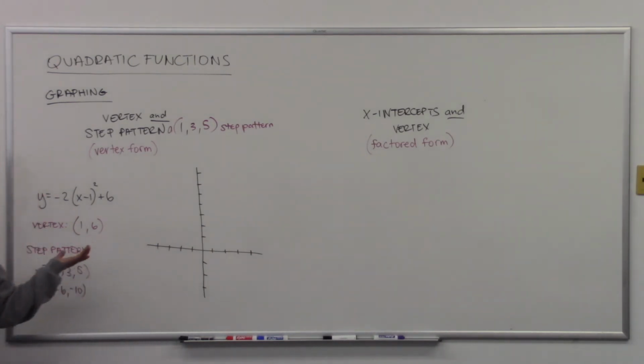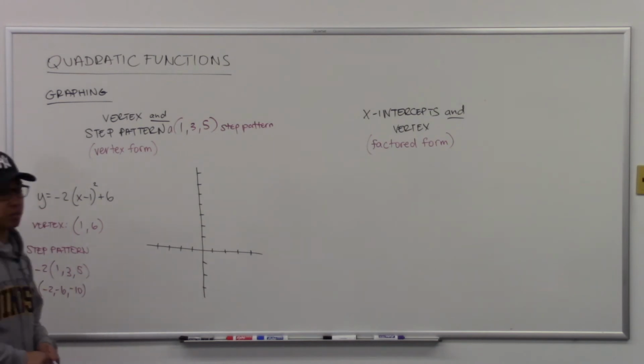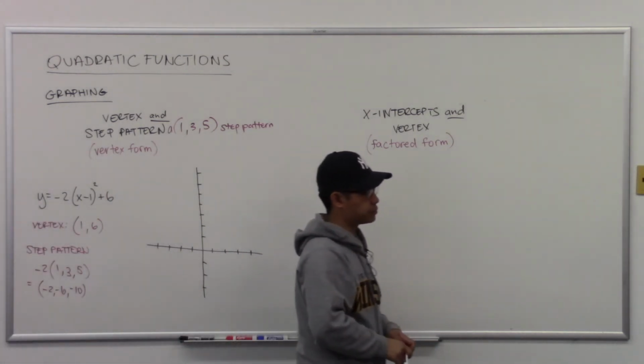So how you graph this is you go to, I lost you? No, no. Okay. What you do is you plot the vertex. I'll let you catch up. Bring your heads up when you're ready.